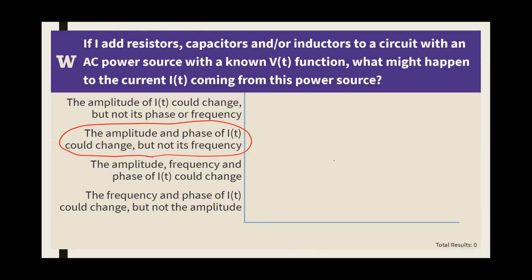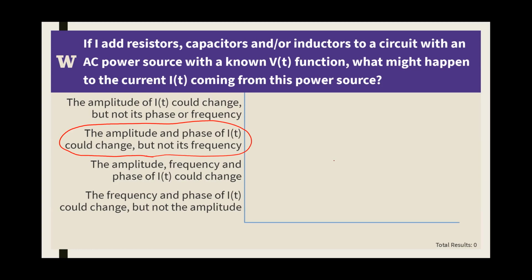So as a result, if I take a circuit with an AC power source and I start adding resistors, capacitors, or inductors in some combination, what's going to change? It could change the amplitude, in the same way that adding a resistor could change the amplitude, and it can change the phase. So I could be changing when the peak of the current function happens relative to the peak of the voltage function.